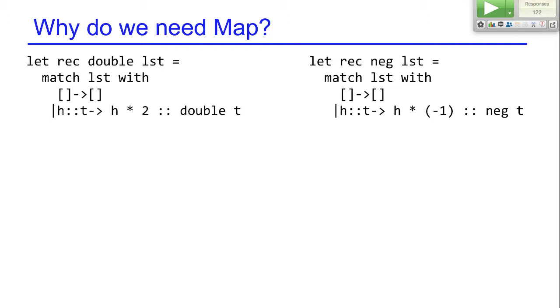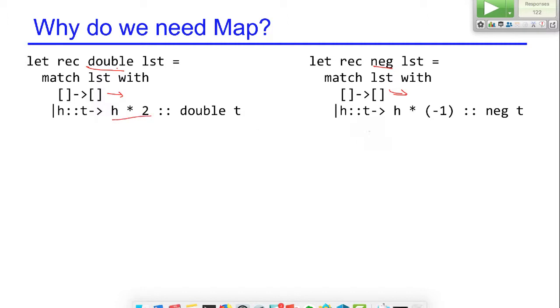Now let's look at how these functions are the same and how they are different. Definitely, the names of the functions are different. This is double, this is negate. And then match is exactly the same. Empty is exactly the same. If it's empty, I return an empty list.